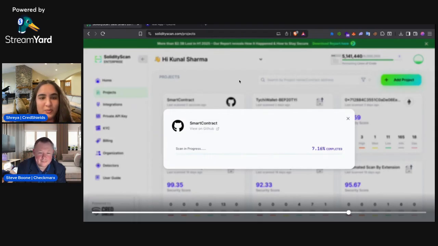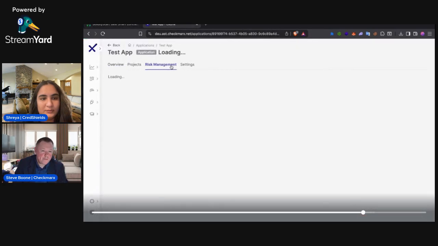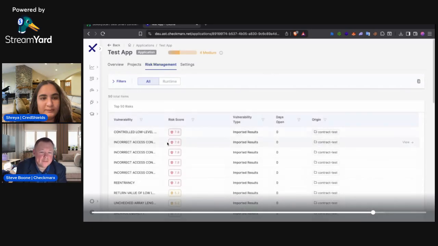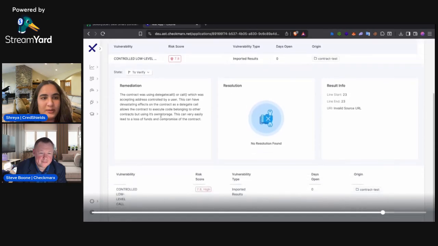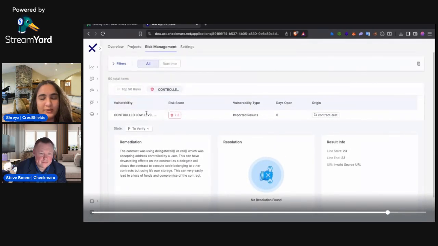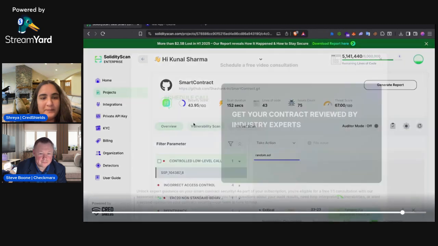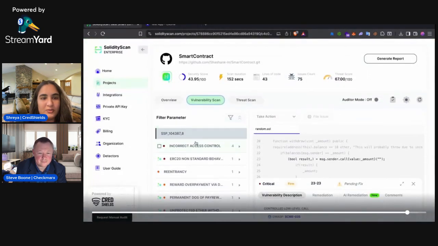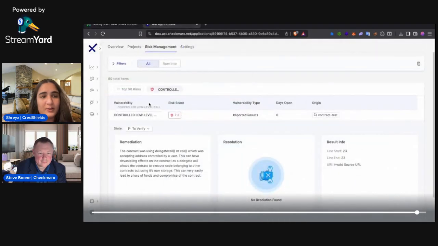Now this is just scanning the repository you just uploaded. There you go. Here is the result of a few risks, and it is given a risk score for the repository and the contract. It also suggests how you can work around the remediation of it as well. And now there's a score, and there are also parameters that you can choose from to see.